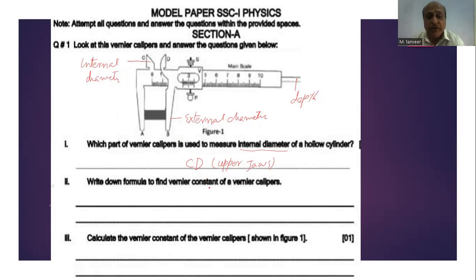Question number 2: write down the formula to find the vernier constant of a vernier caliper. Vernier constant means least count. How can you find the least count? You have to write the formula.